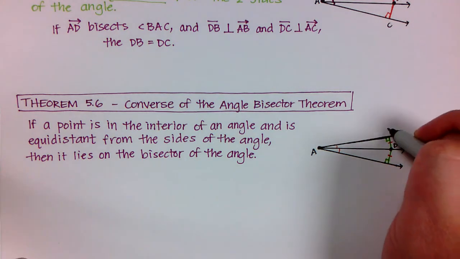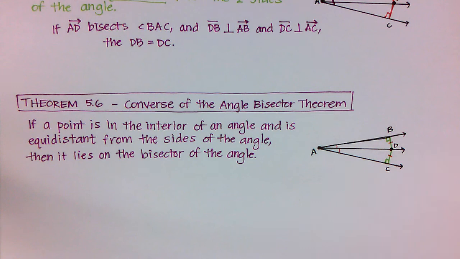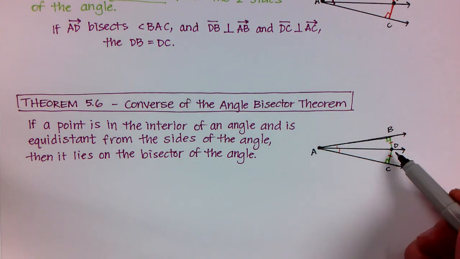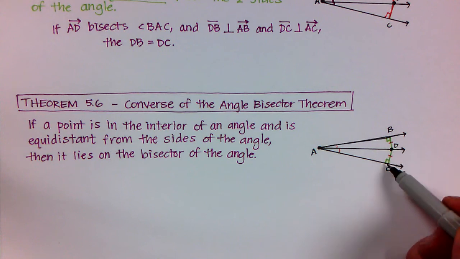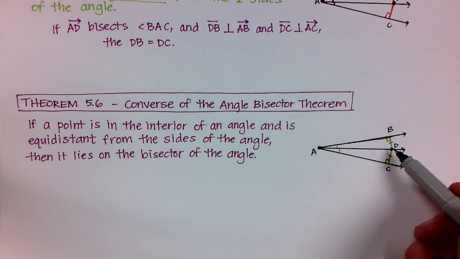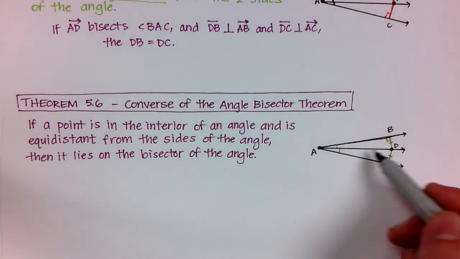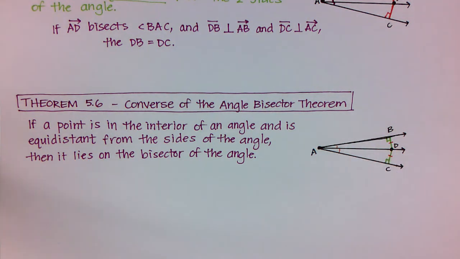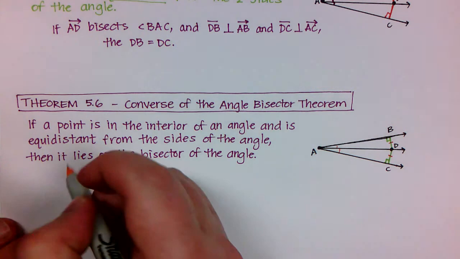So I'm going to label a couple more points here. This is B, this is C down here. So if I have this point right here in the middle, and it's equidistant as shown in this diagram, that both of those segments are exactly the same, then it has to be on the bisector of the bigger angle. So let's write this down in words.